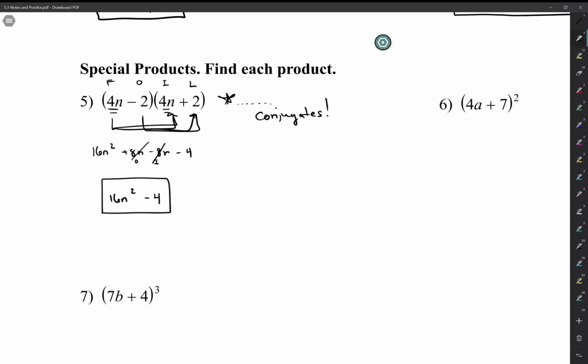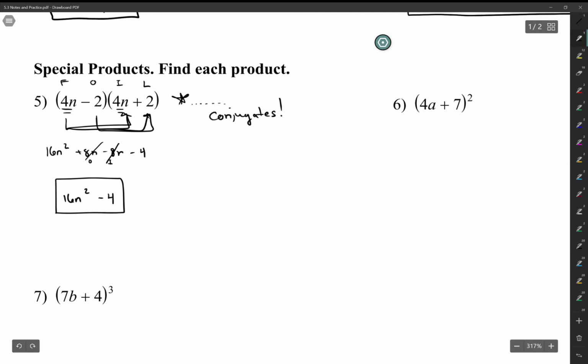Okay, something like 6, this is your trap. Watch out for the pirate trap. Okay, do not distribute that 2. No, sir or ma'am. Instead, what we have is 4a plus 7, quantity 4a plus 7, 2 of them.